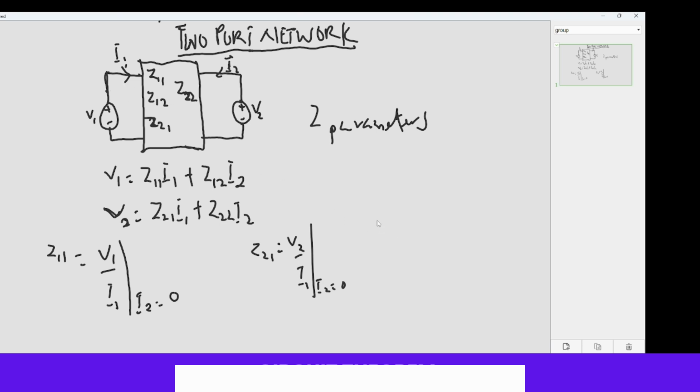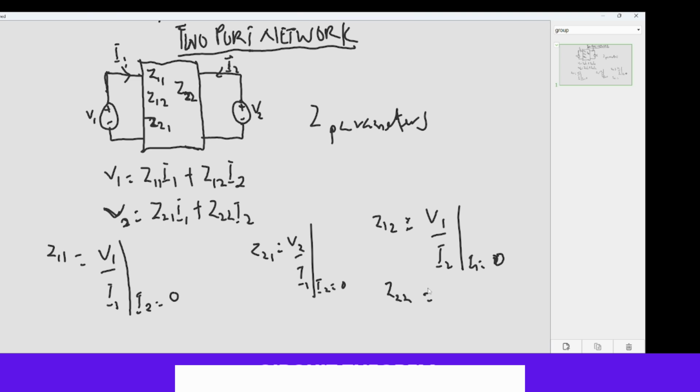And now, guess what? What will our Z12 be? Obviously, since we want Z12, we will set I1 to 0. That gives us V1 over I2, where I1 is equal to 0, right? Now we want our Z22.